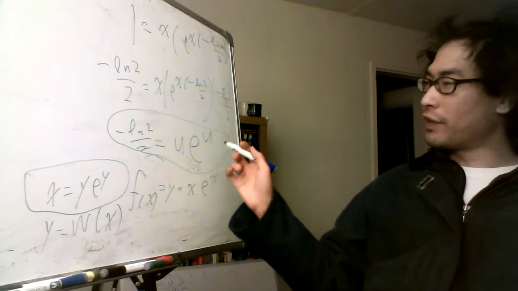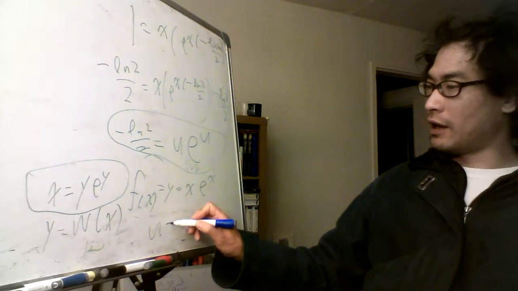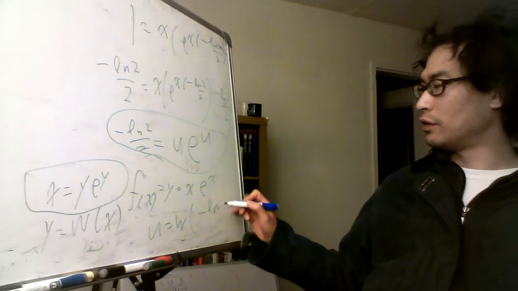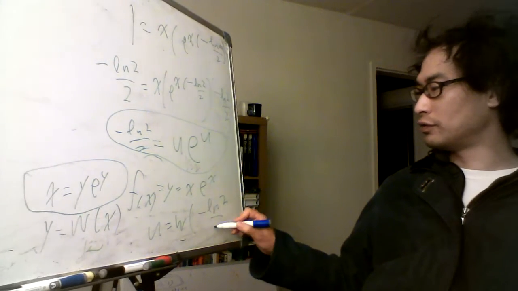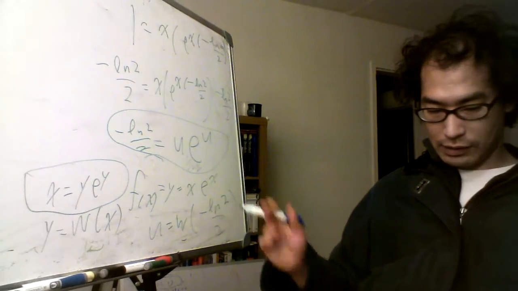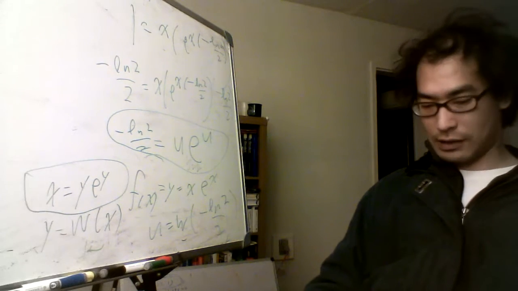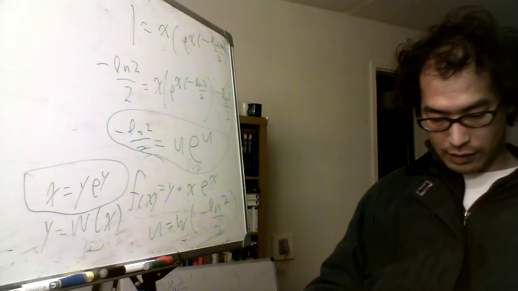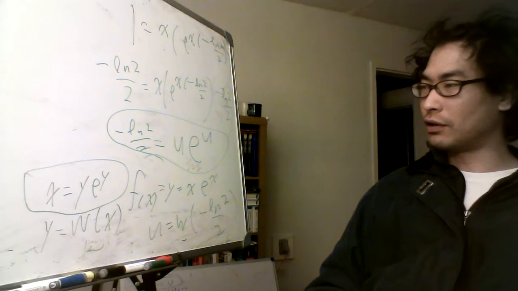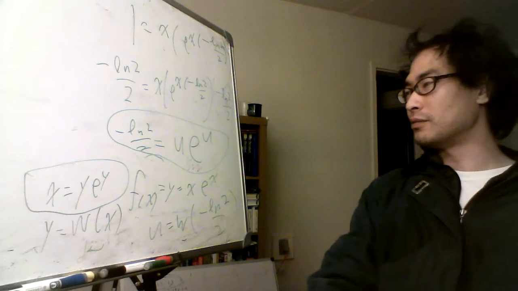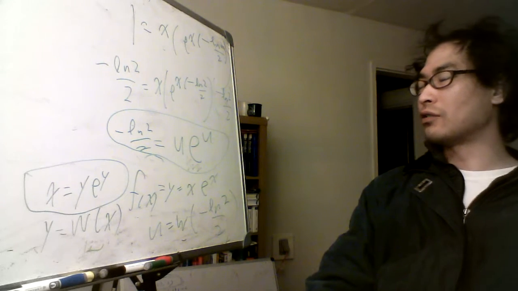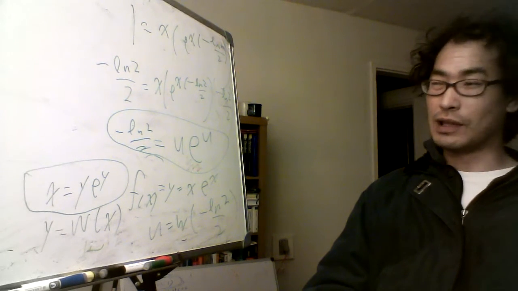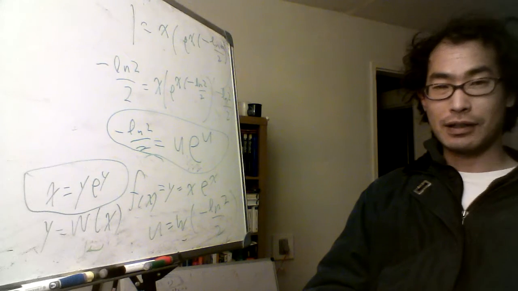So this whole thing about u is W of minus natural log 2 over 2. That's what this is, and we don't know what it is. But using the Newton-Raphson method, they calculated it as minus 0.7, or not minus 0.8.